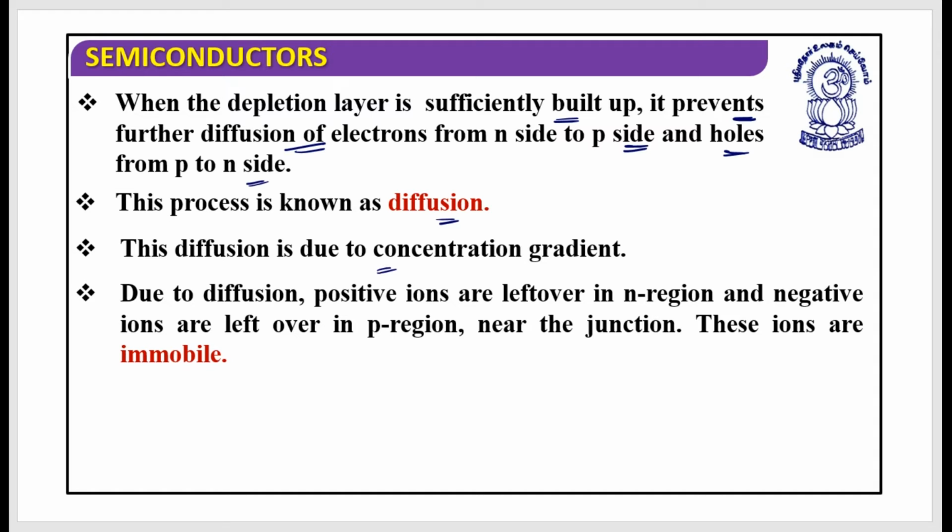This diffusion is due to the concentration gradient, and due to it, positive ions are left over in the n region and negative ions are left over in the p region near the junction.